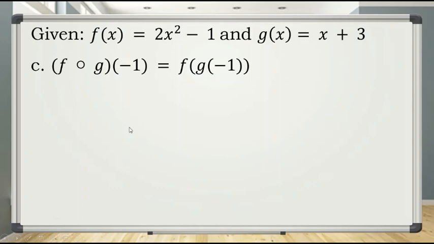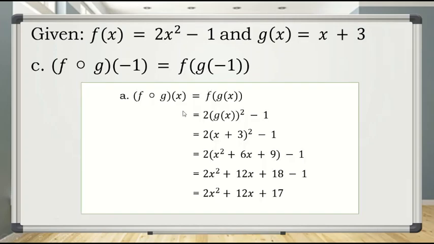And if you also notice, this example is the same as the example in letter A. Pinalitan lang yung x ng negative 1. Okay? So therefore, same process. Ang kukunin na lang natin ay yung final answer. If we have this given example, papalitan lang natin ng negative 1 ang lahat ng x dito.